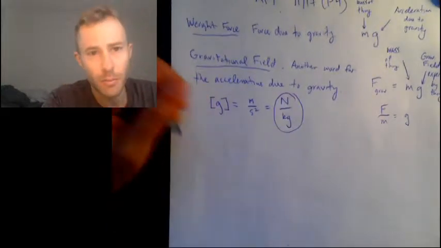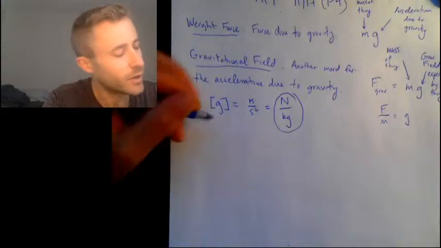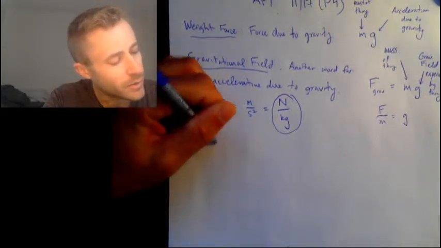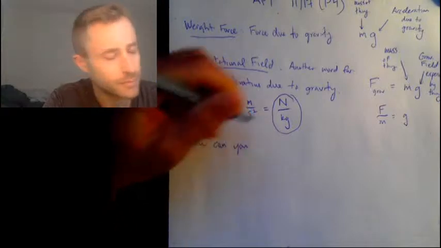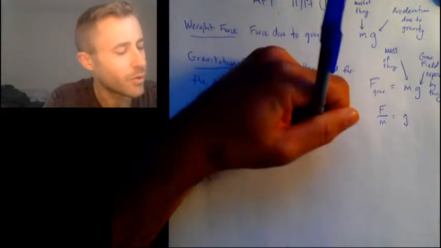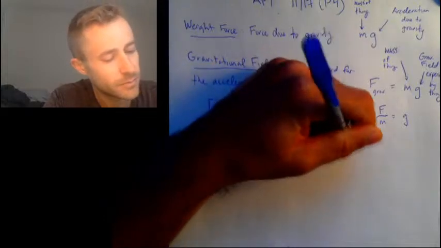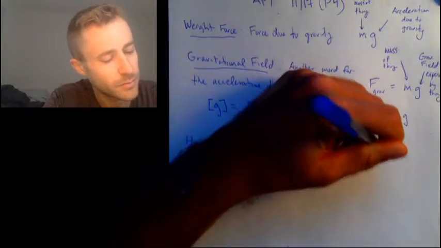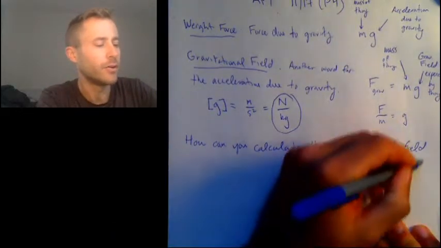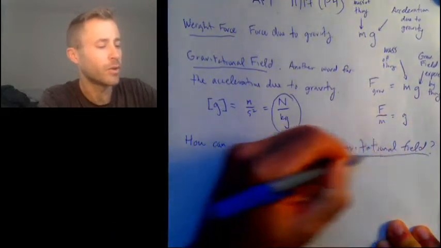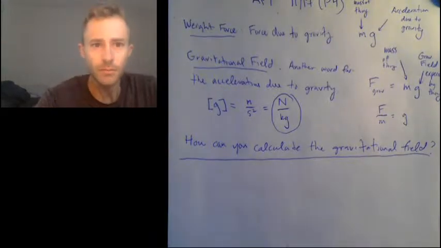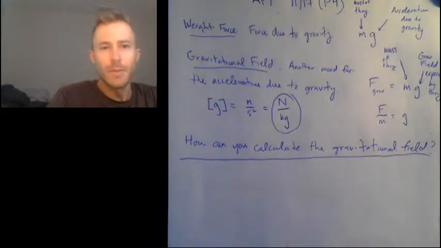So the main question that we want to answer today is, how can you calculate the gravitational field? Okay, so we're going to learn an equation for calculating the gravitational field. All right.